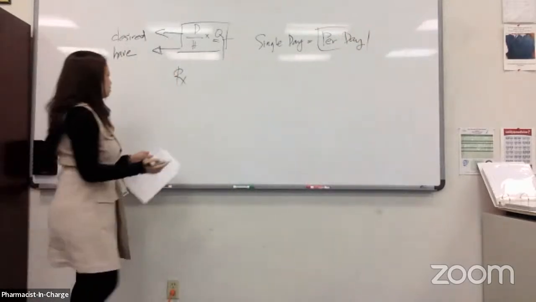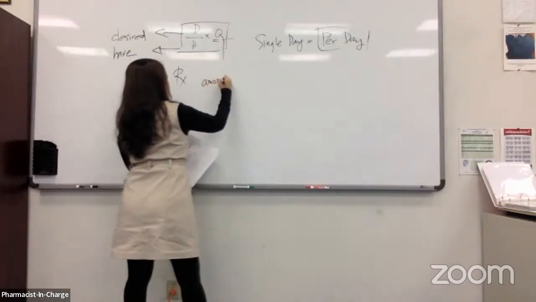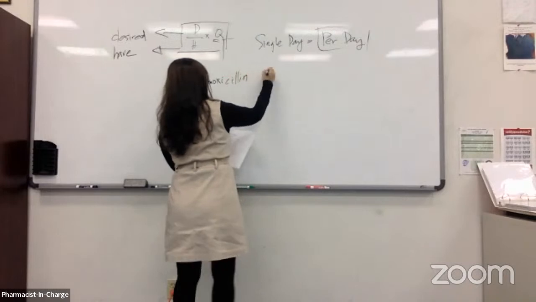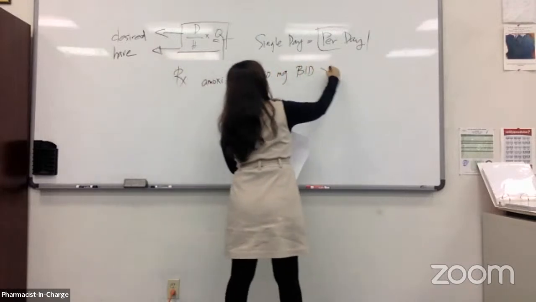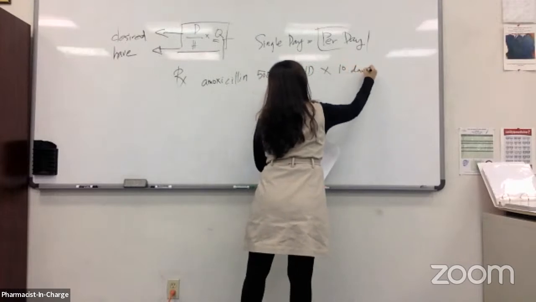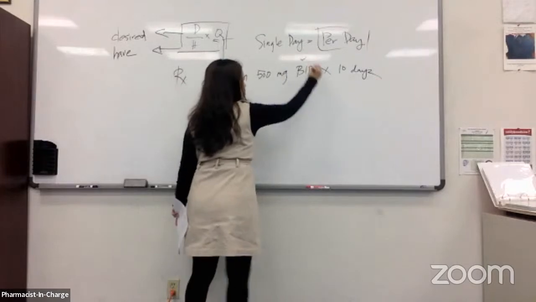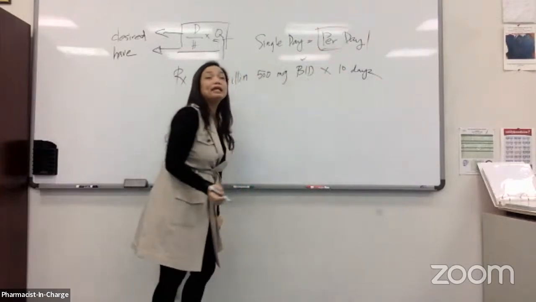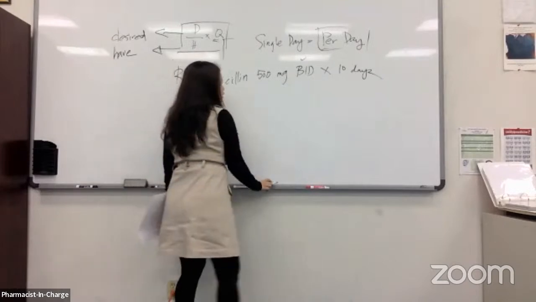Okay. Number 10, prescription number 10. Same order. Amoxicillin, 500 milligrams. BID times 10 days. Now, does the BID matter this time? Yes, that's why BID is 2 times a day, TID 3 times a day.